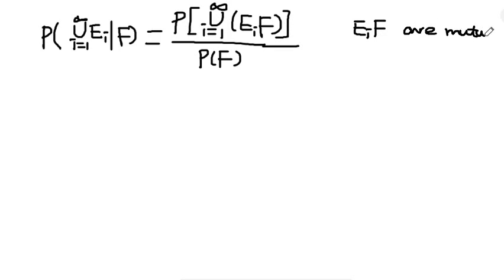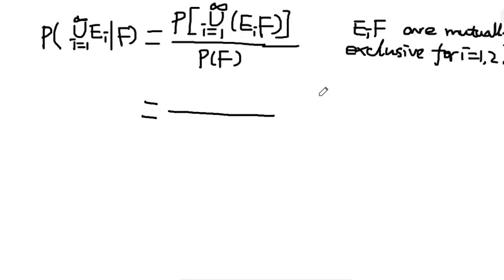You can take this one as a new event Ai, which are mutually exclusive for i starting from 1, 2 until infinity, right? So the events Ai are mutually exclusive, and when we take the union of those, we apply axiom number 3.